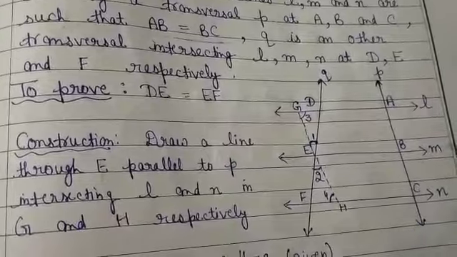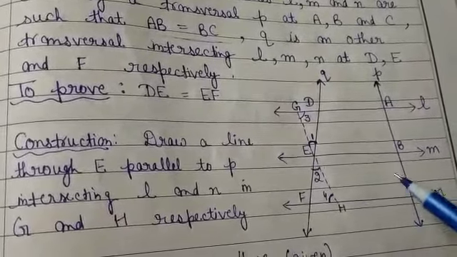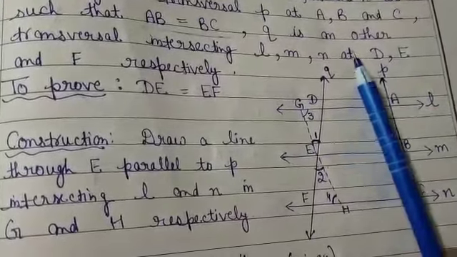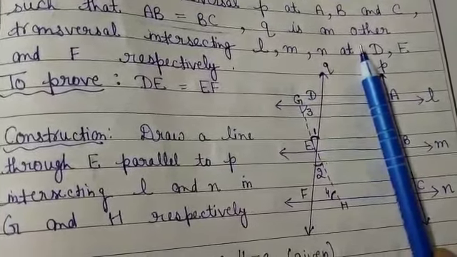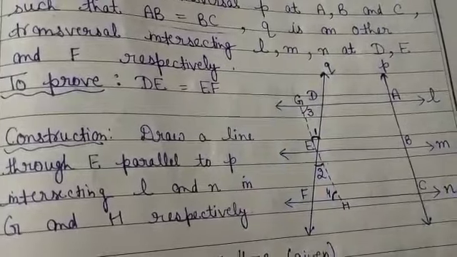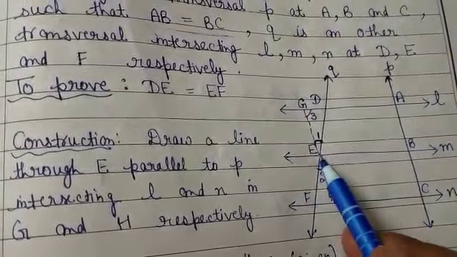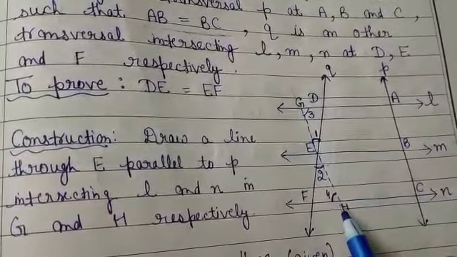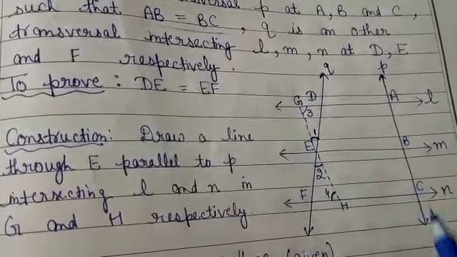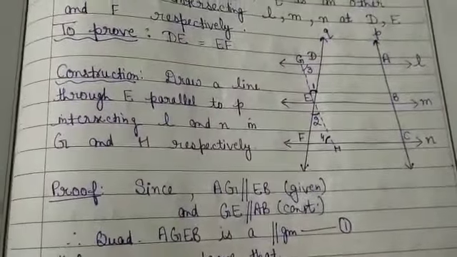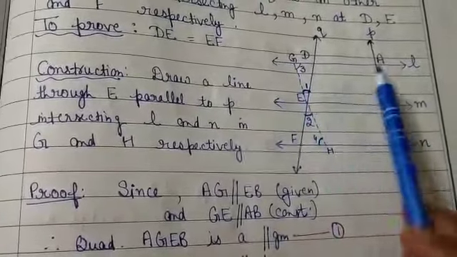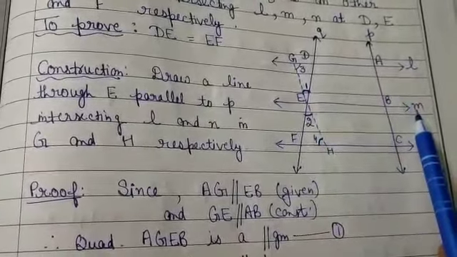Now there is a little bit of construction. We will draw a line segment parallel to P. This line P is here, and we will take one parallel line which passes through the point E and cuts line L at G and line N at H. It means this GH is parallel to AC. It's our construction. Now you see what we will do. Firstly, AG is parallel to BE, because L is parallel to M, it's given.